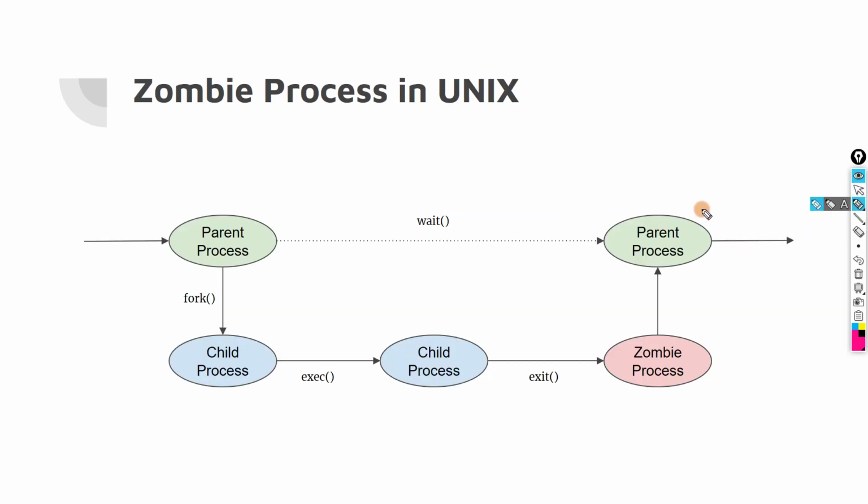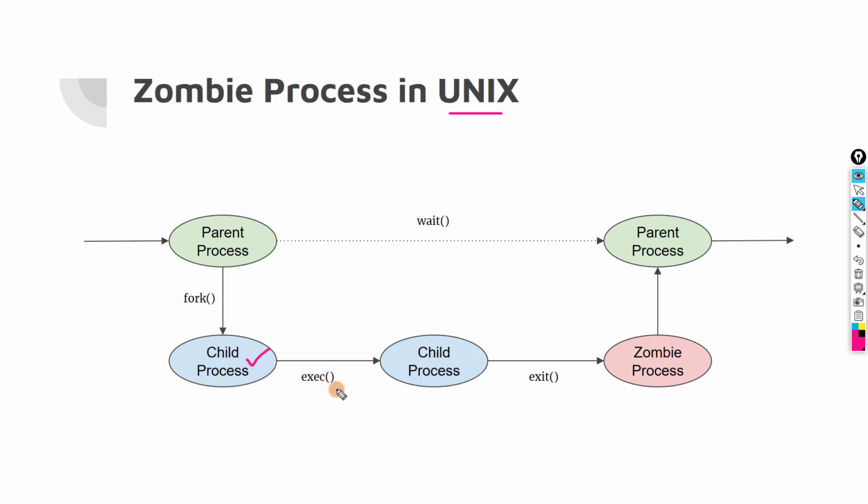There is a special kind of process in the Unix system called the zombie process. So when does a child process become a zombie process? Consider the scenario where a process has called the system call fork and created a new child process.